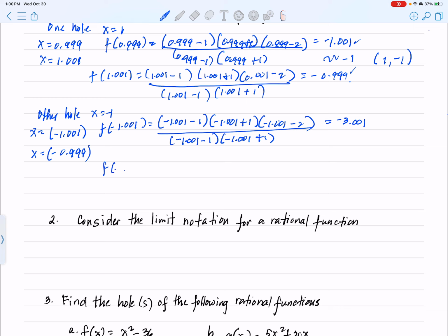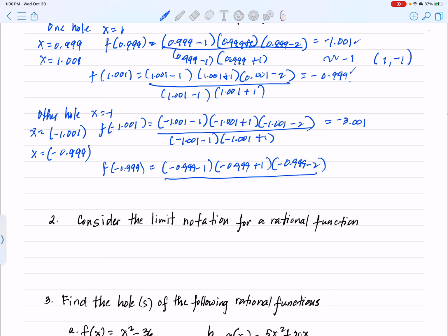By doing the other one, this time it's very, very close to negative 1. So you have negative 0.999 minus 1. Replace that to the function, negative 0.999 plus 1, negative 0.999 minus 2.